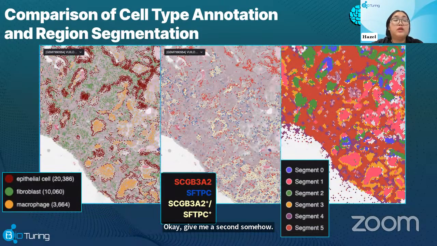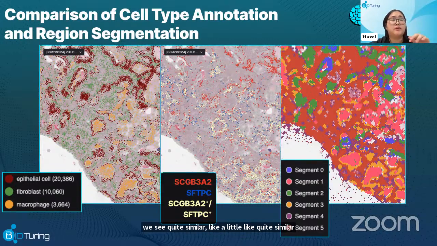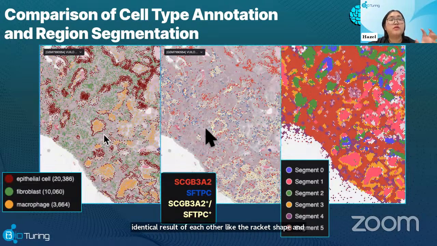As you can see, when we compare the cell type annotation result, the gene expression, and also the region segmentation result side by side, we see quite identical results, like the racket shape and also the co-expression and also different cell types for different segments.